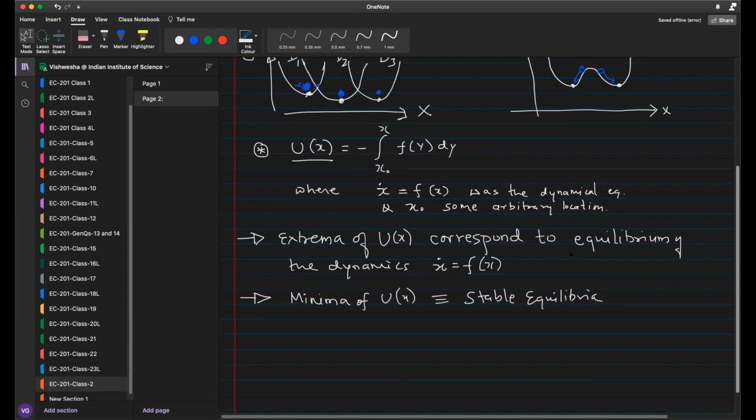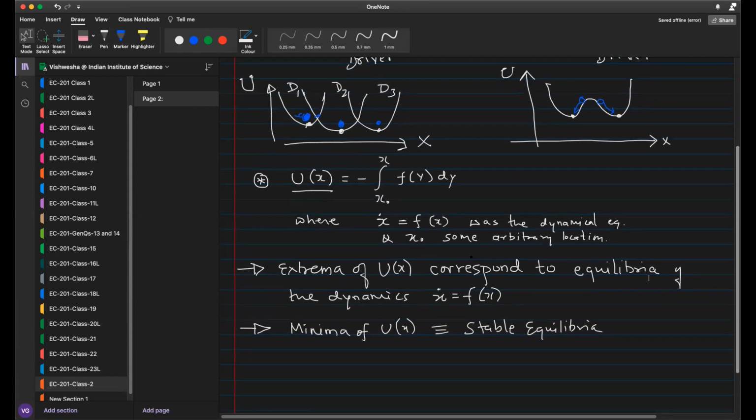Extrema of u of x actually correspond to equilibria of the dynamics of f of x, and moreover, the minima of u of x correspond to stable equilibria, and that nicely fits with the idea of a ball rolling in the landscape. And you know what happens to a ball rolling in the landscape?